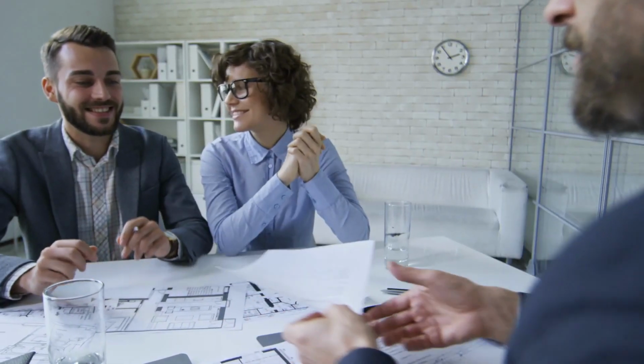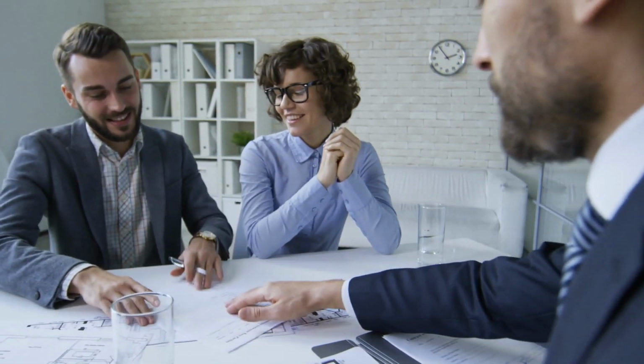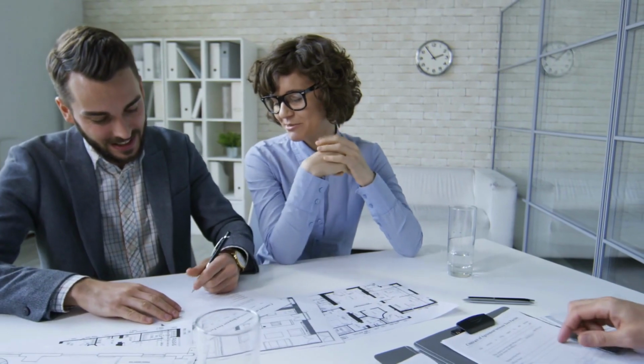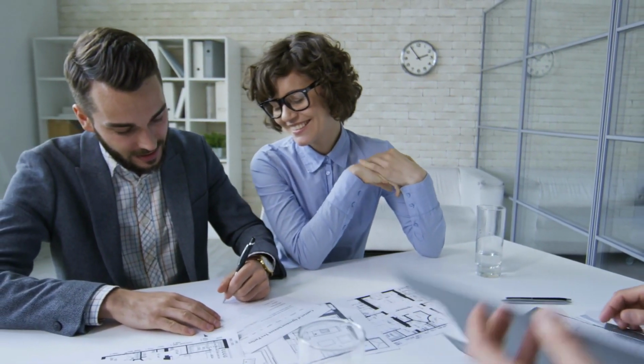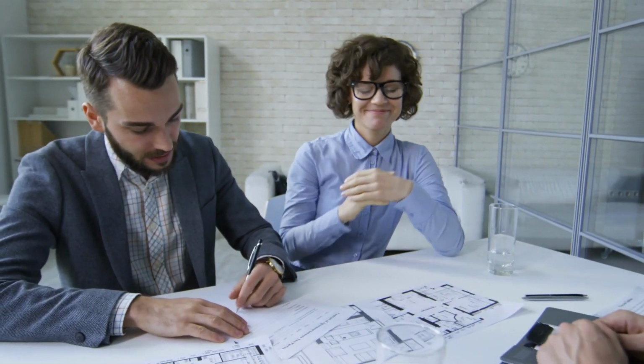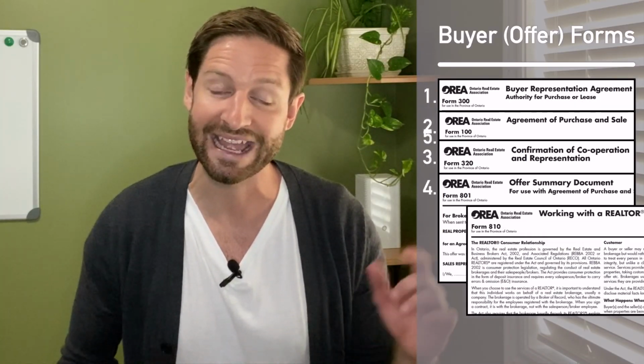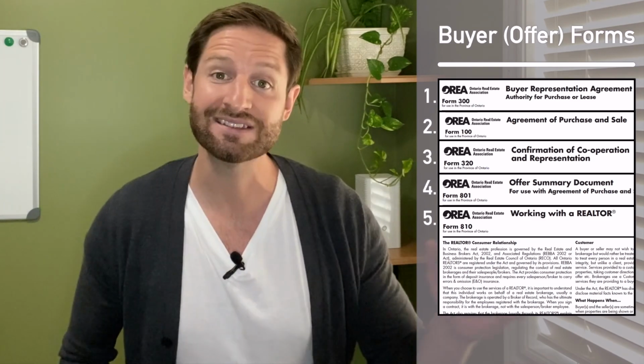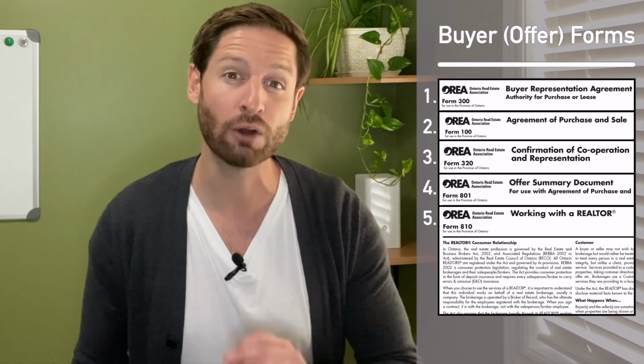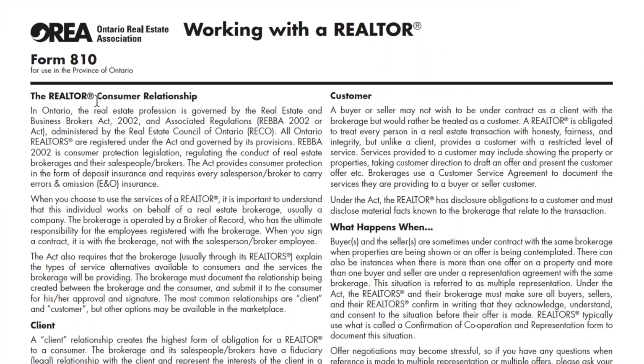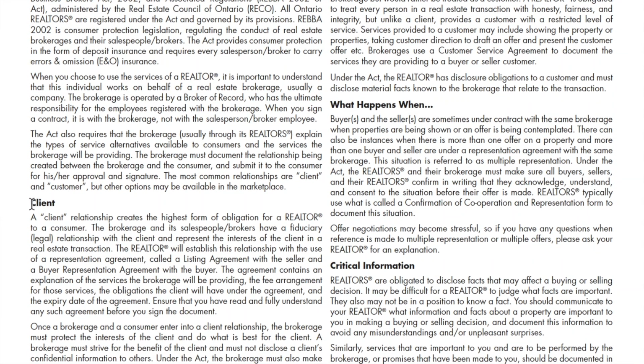It's also an easy one for your clients to understand, as one of its main purposes is for organizing and documenting multiple offers, which a lot of our clients have been growing accustomed to, at least at the time of this video, in a big seller's market. Fifth and last on the list is the Auria Form 810, working with a realtor. This is last on the list of 5 because it's not required by all brokerages. This outlines the different relationships the client or customer can have while working with a realtor.